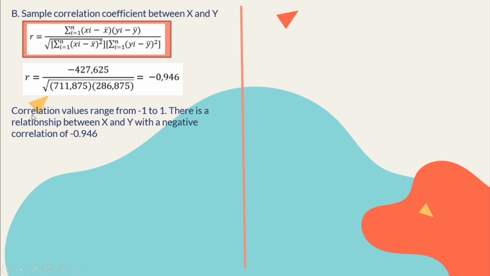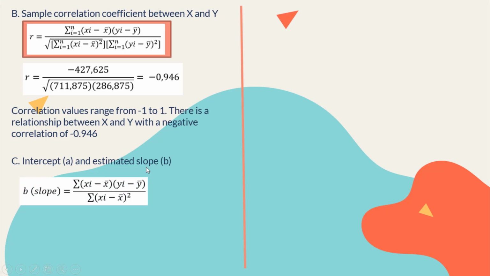We can conclude that the correlation value ranges from -1 to 1. There is a correlation between X and Y, a negative correlation of minus 0.946. It means X and Y have a negative correlation. Point C is the intercept and estimated slope.